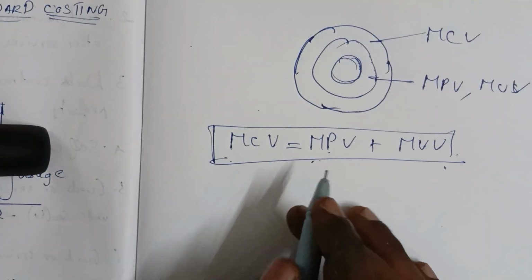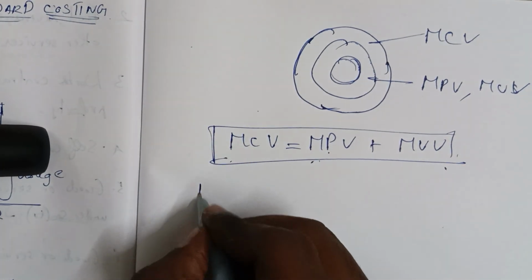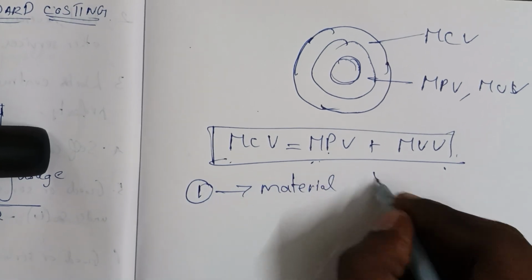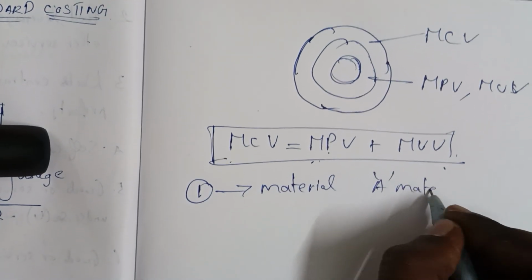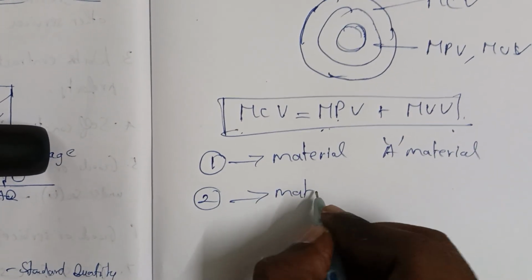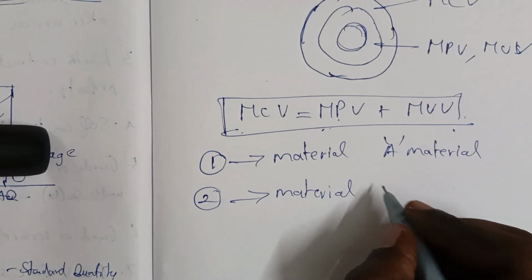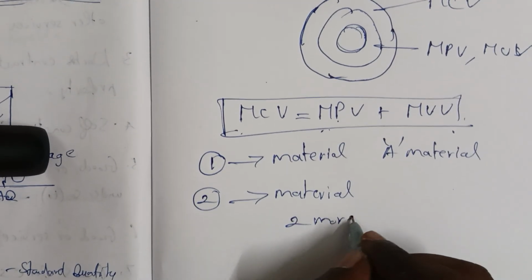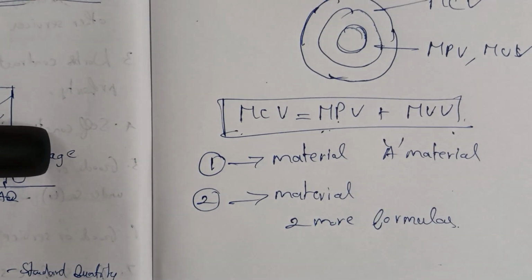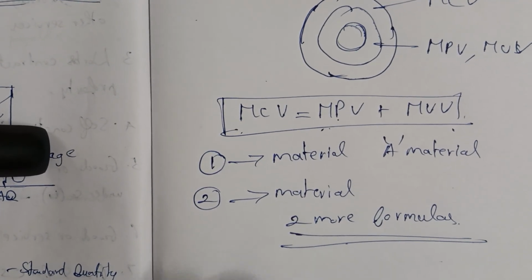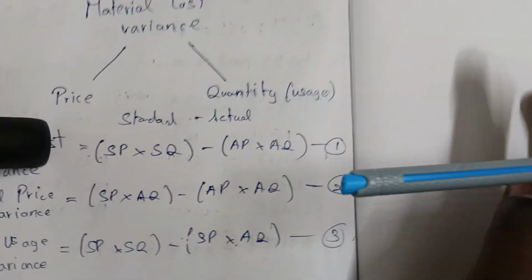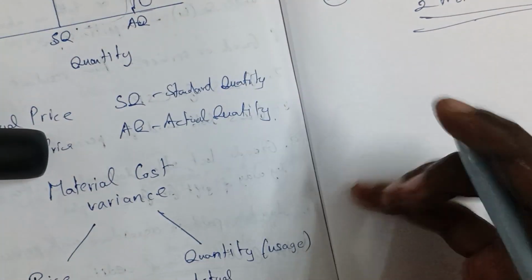The next is, now these formulas are just for if there is only one material. Say like they will give just one material. Now when there are two materials, two more formulas will be added. These 1, 2, 3 will be there, then another.